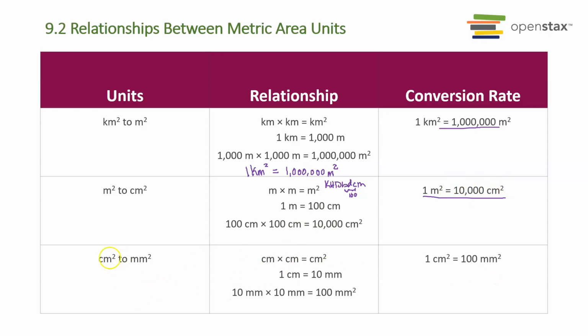And then you can see here, centimeters to millimeters isn't as big of a jump. That's only one jump from C to M. So that would be 10, but that's still 10 squared. So 1 square centimeter is 100 square millimeters. I'm having trouble with my zeros today.